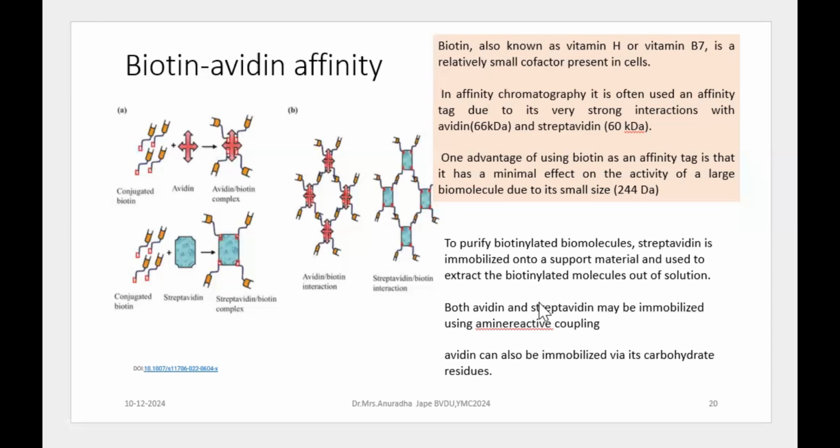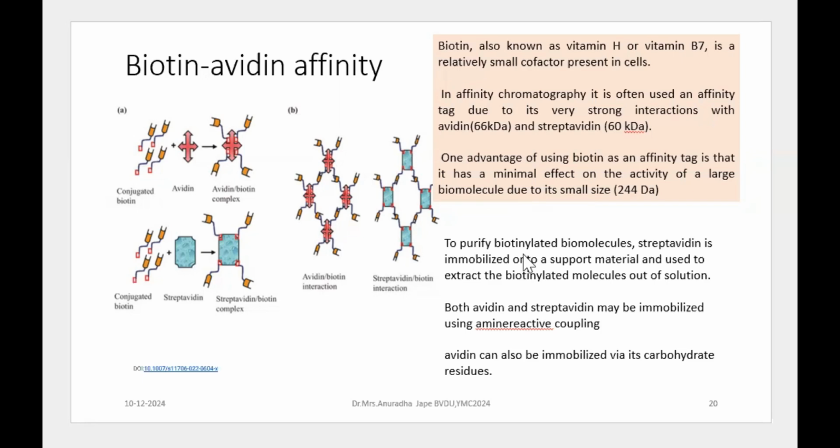So your column is going to have avidin or streptavidin activated support matrix, and your analyte is going to have a biotinylated molecule. Biotin is the component which will interact with avidin and form a complex.